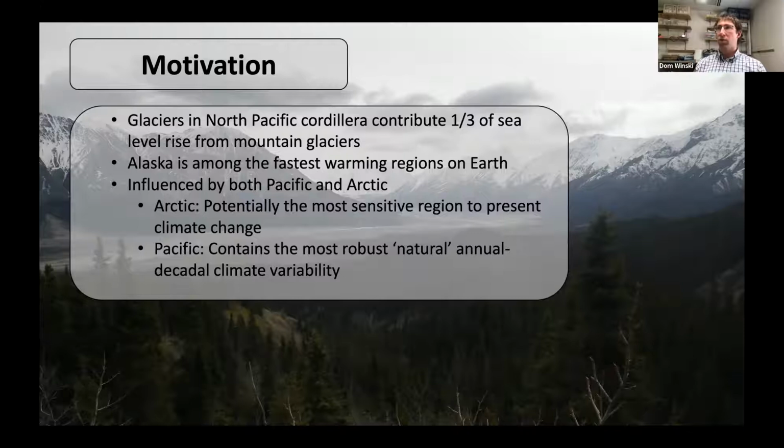So if you want to look at the interactions between climate oscillations that occurred before humans and the big progressive changes going on right now, this is a really exciting place to look.